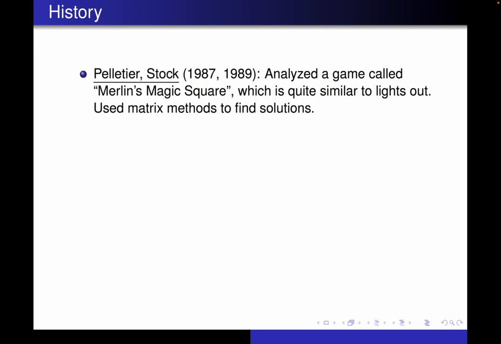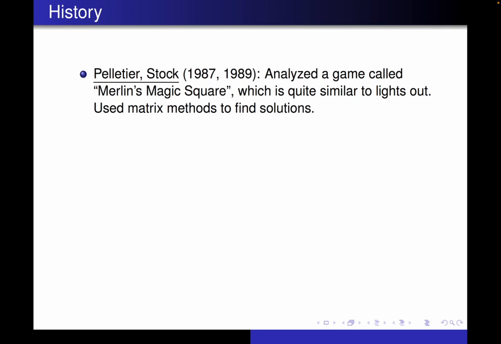So I'll give you a little history of this game that we're playing with just Z2. This was the first place where this was studied, well, this is not exactly Lights Out. It's something very similar. It's by Pelletier in 87 and Stock in 89. They looked at a game called Merlin's Magic Square.